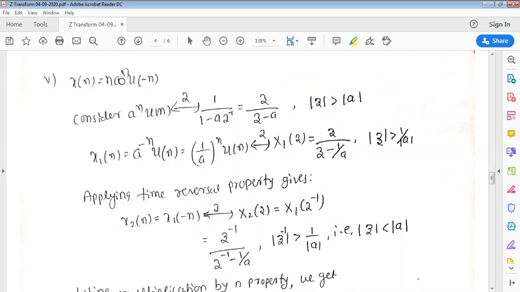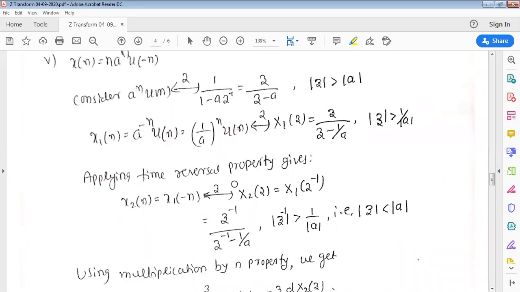I'll write a^-1 raised to minus n. Why should I take a^-1? Because u of minus n is what I ultimately want. So when I get a^-n, u of minus n I can write. To write a^-n, I write (a^-1)^-n, so that's why a^-1 is written as 1 by a whole power n.